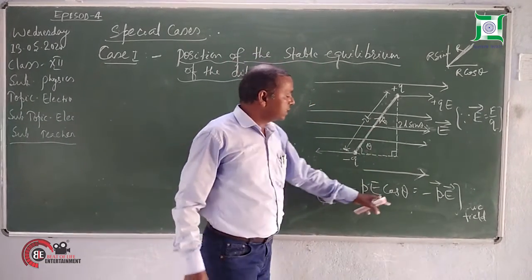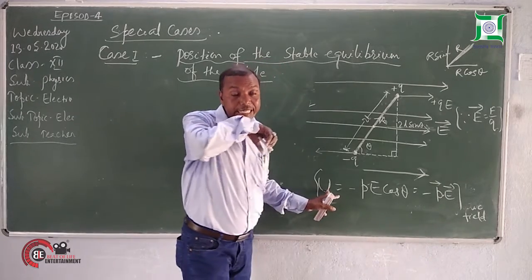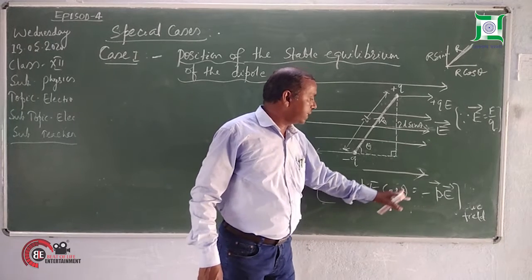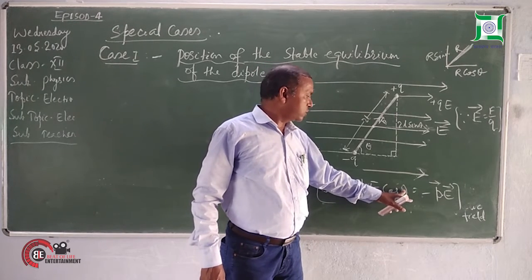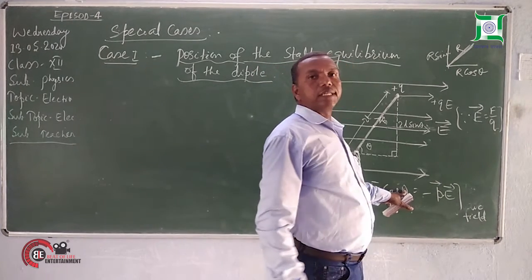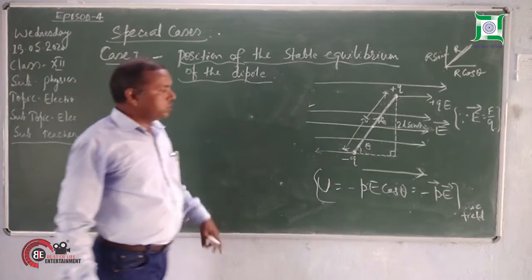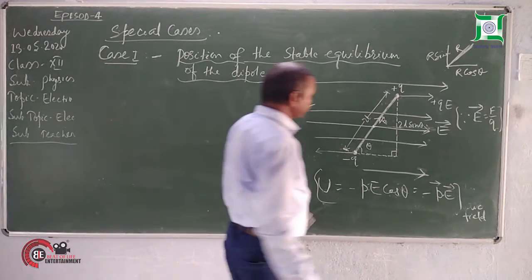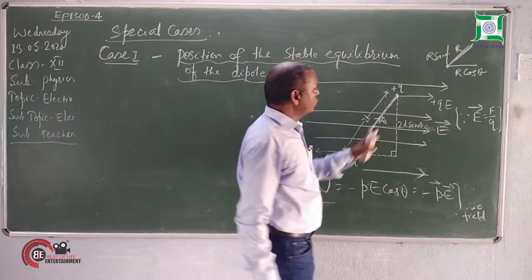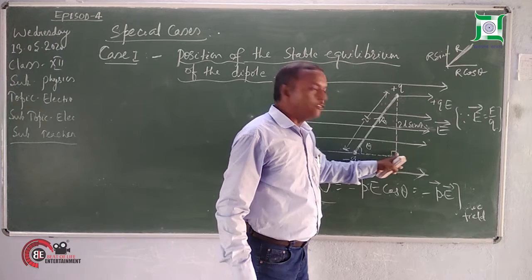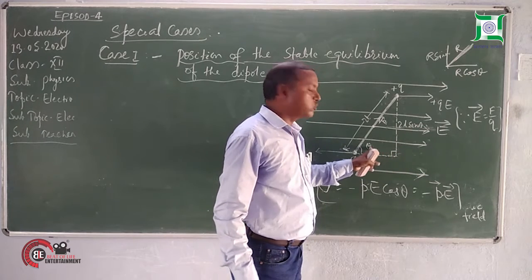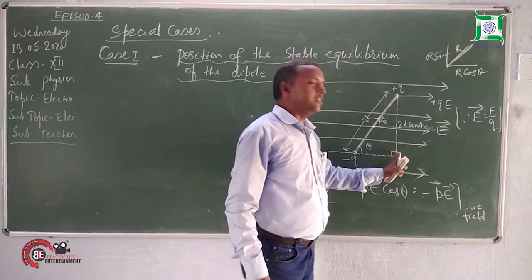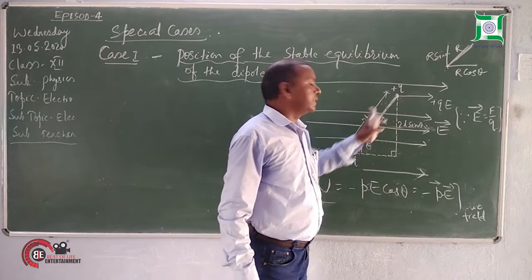You see here the expression for electric potential energy is minus P E cos theta, and if we put here the value of theta equal to 0 degree, it means when this dipole or dipole moment is in the direction of electric field E. The value of theta, the angle between the direction of electric field and dipole moment P, is 0 degree.